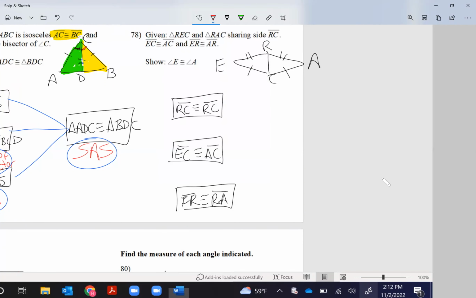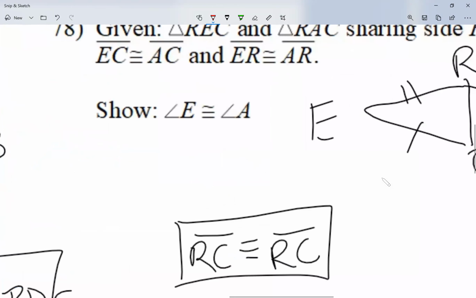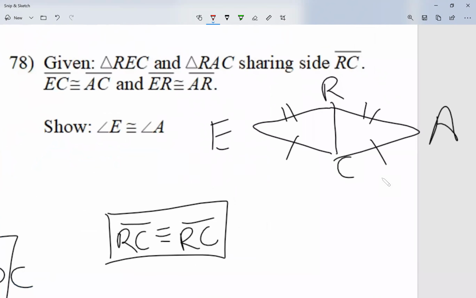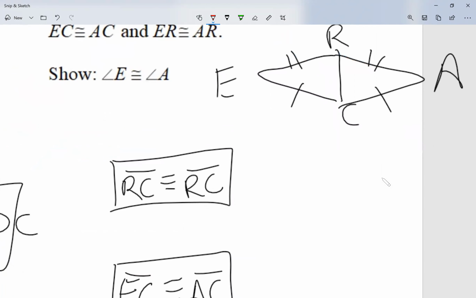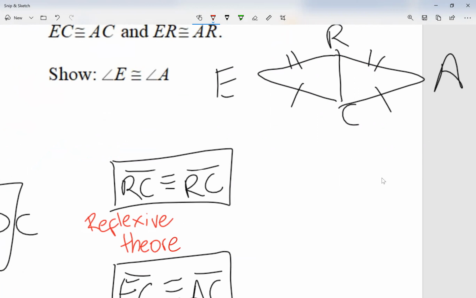Okay, so under each of my boxes, I like to look at what is given. The side RC is congruent to the side RC. I don't see it anywhere, but it's the same side, right? RC equals RC. Remember I said that one we called the reflexive theorem? Reflexive theorem.